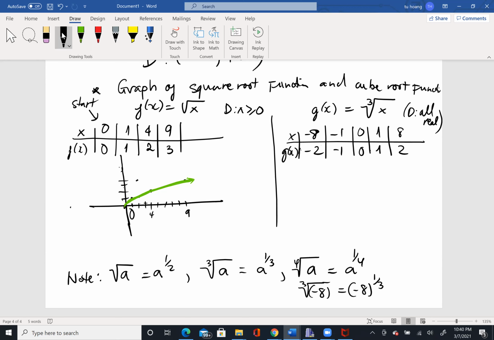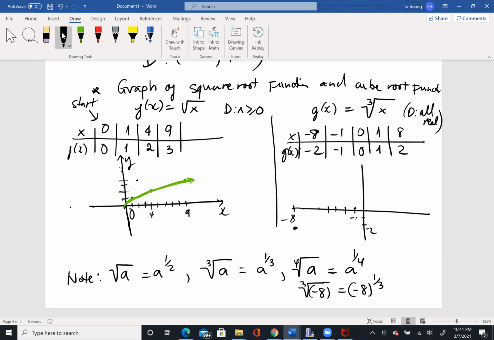What about g of x? It's better to have the origin in the middle. So I have negative 8 here, and negative 1. Then negative 2 over here. So that will give you negative 2.